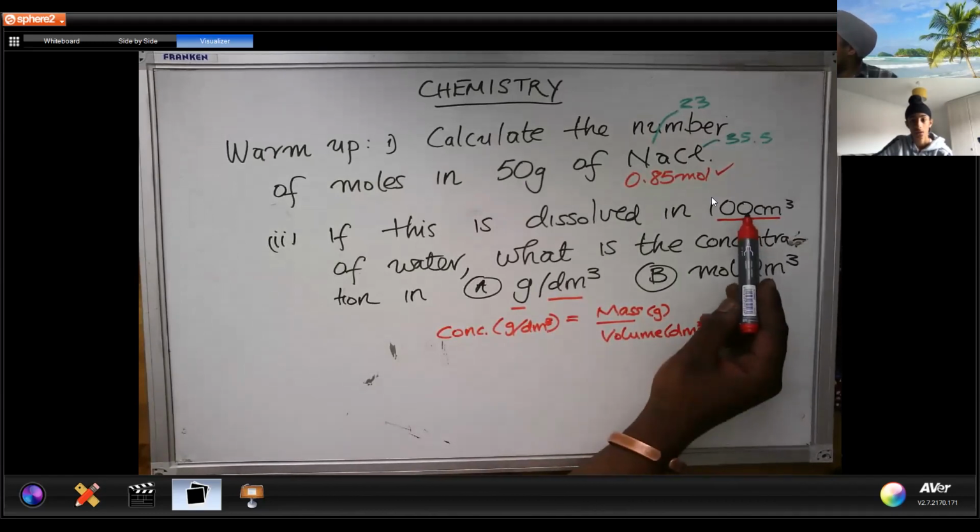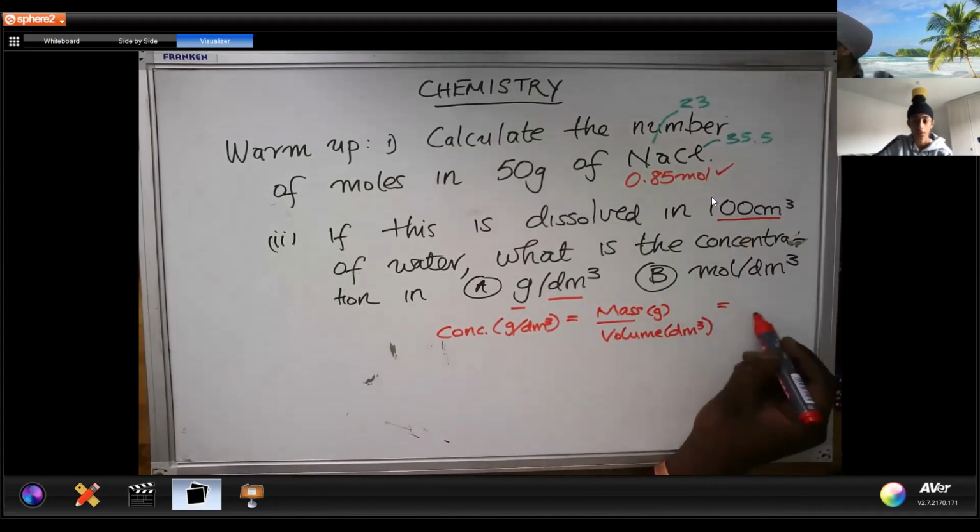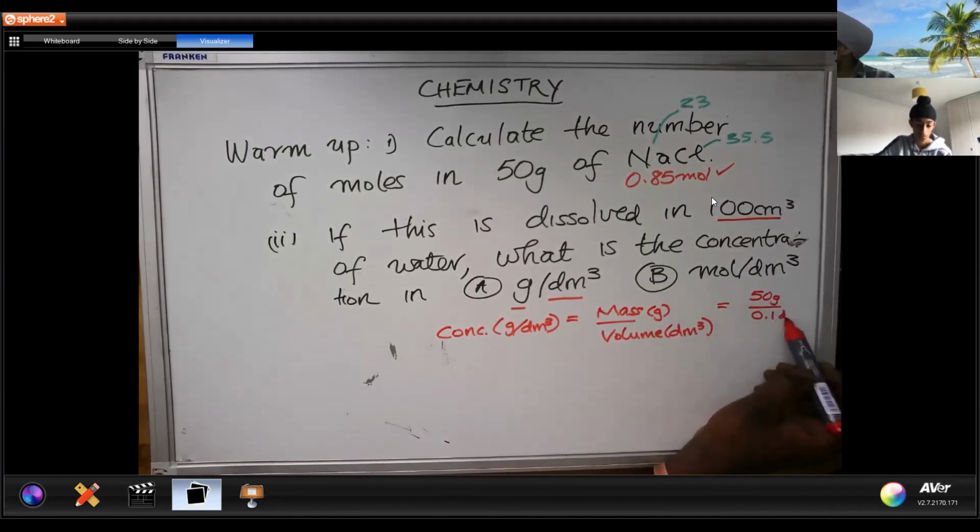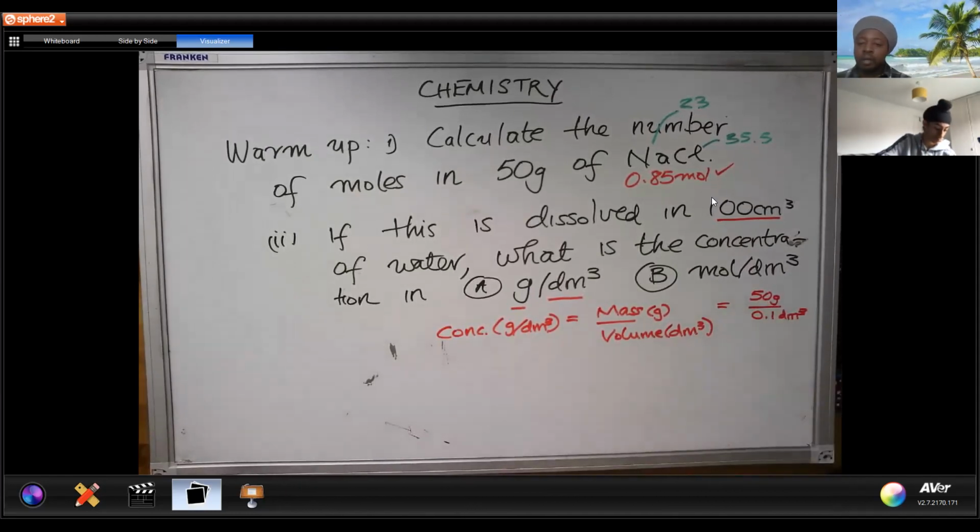Well, this 100 centimeter cubed is what volume in decimeter cubed? 0.1. Well done. So you'd have 0.1 at the bottom, and a mass of 50 grams at the top. So 50 divided by 0.1, what would that give you? Oh, sorry, 500. I was right in the first place.